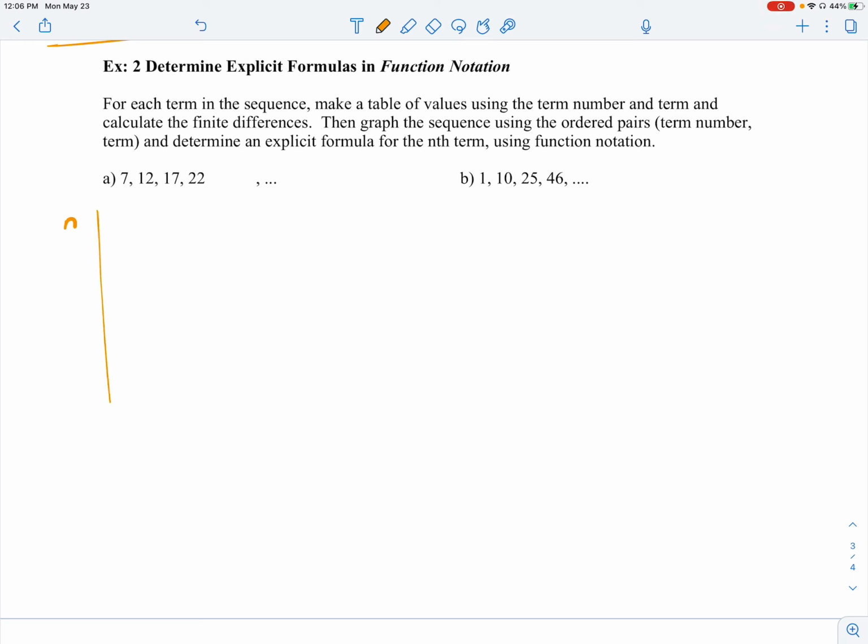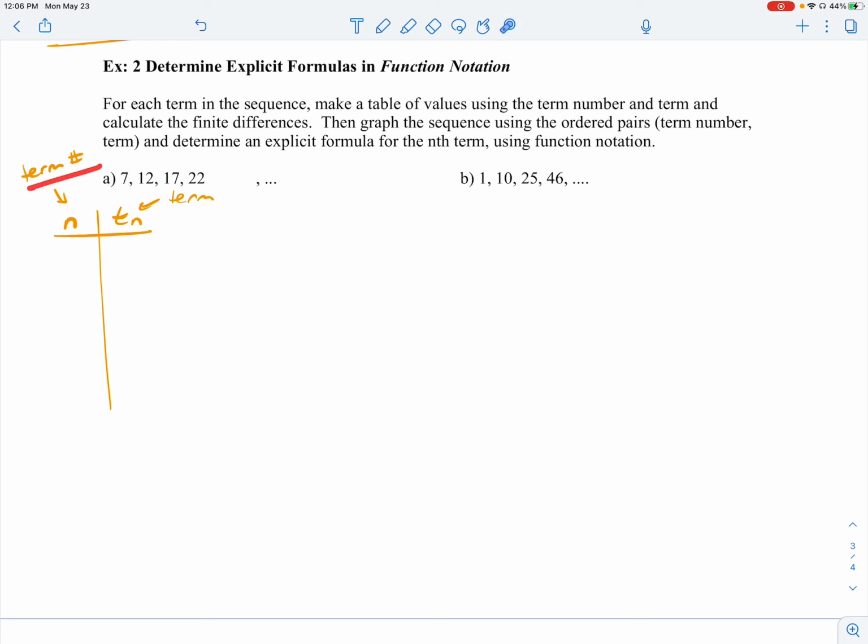So we'll write n for the term number. Okay, and then we'll write t of n for the table. So t of n, this is actually the term, right?